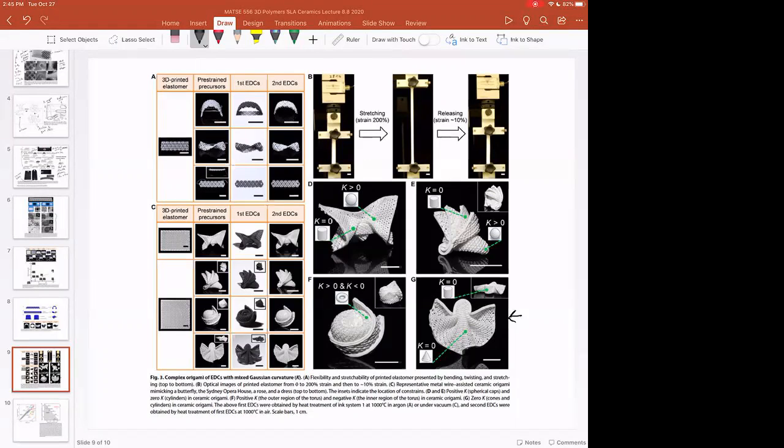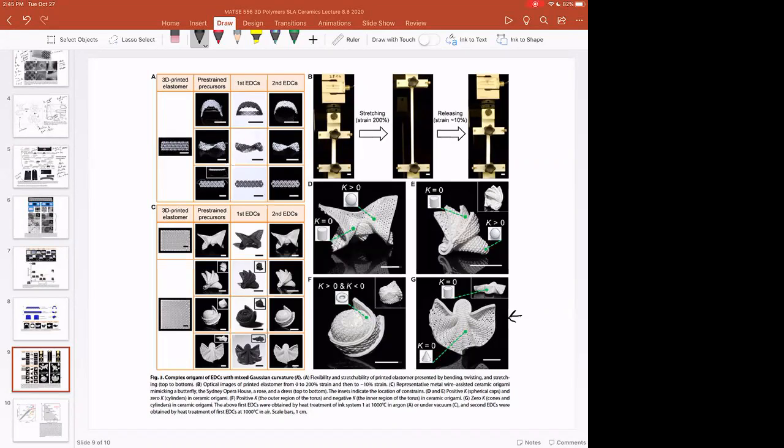So this is cool because now, rather than worrying about polymer lattice structures, you can take those polymer lattice structures and you can translate them into ceramic lattice structures. And these types of ceramics, as I said before, are just really hard to make by any traditional ceramic processing method. Any questions on that?